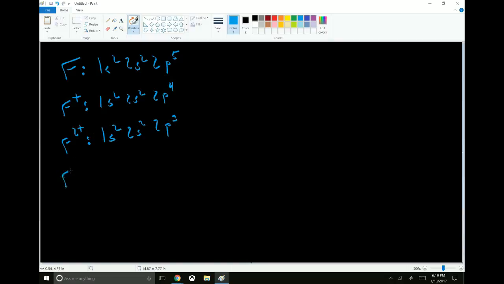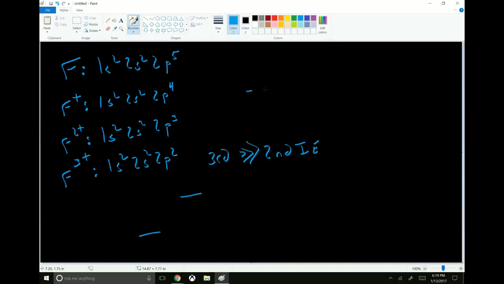And then for F3 plus, the third ionization energy gets you to 1s2, 2s2, 2p2. So the third is, of course, going to be greater than the second ionization energy, but it's even bigger than you would think. First, second, third. There's a great big jump there.